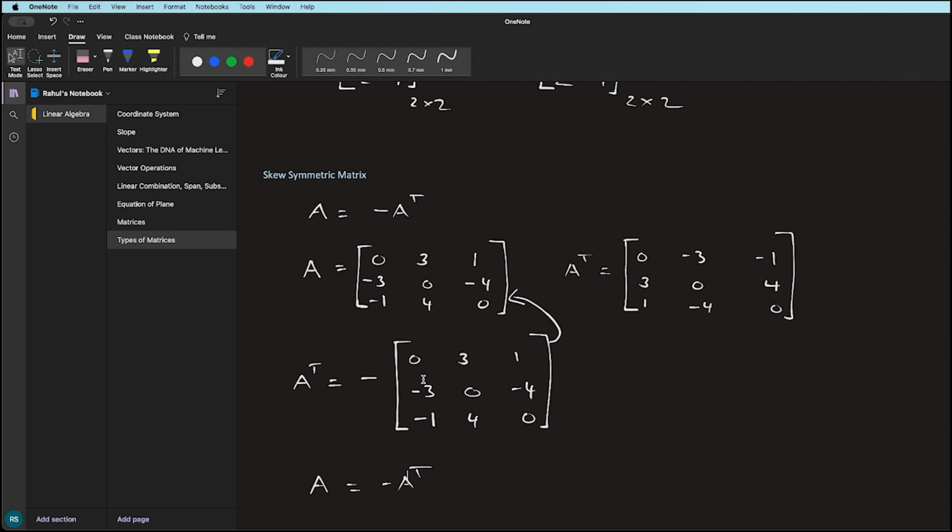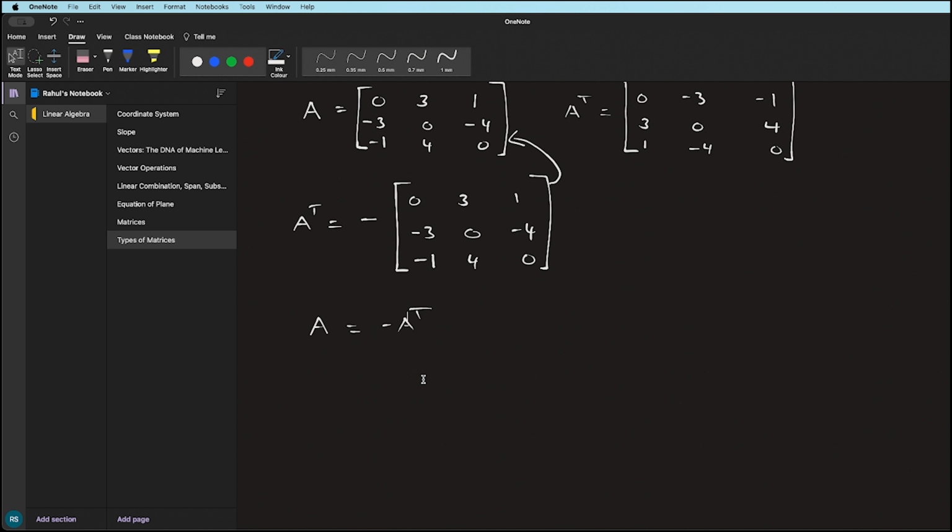Now there are certain rules for the transpose of a matrix. The first rule is, if you take the transpose twice of a matrix, then it will be back to the original matrix. So if I write A transpose of transpose, it is equivalent to A only.